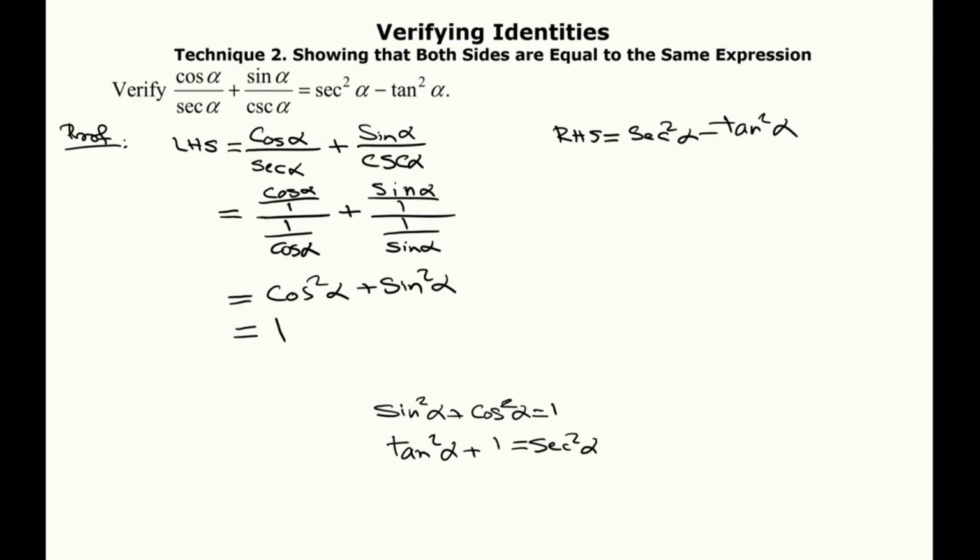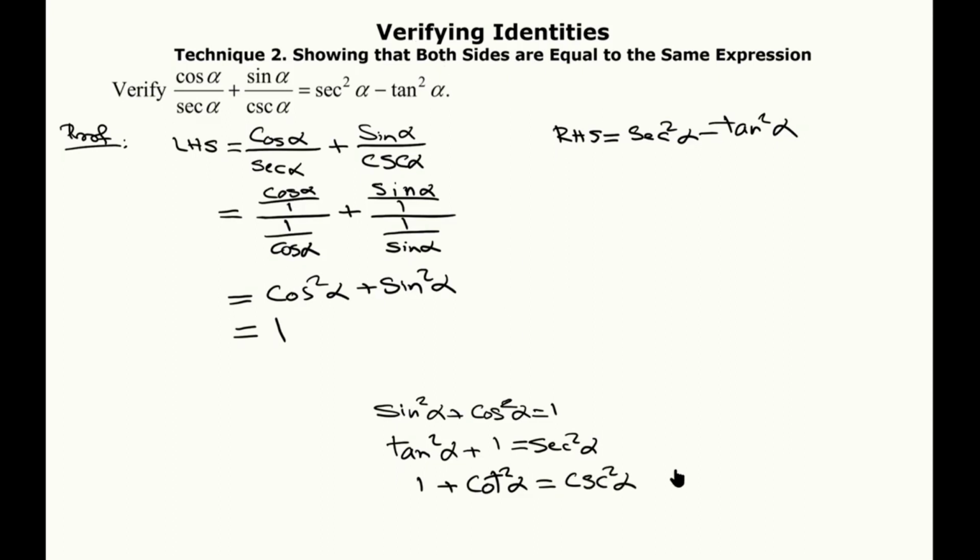Or if we take the first identity again and divide both sides by sine squared instead of cosine squared, we get 1 plus cotangent squared alpha equals 1 over sine squared alpha, which is cosecant squared alpha.